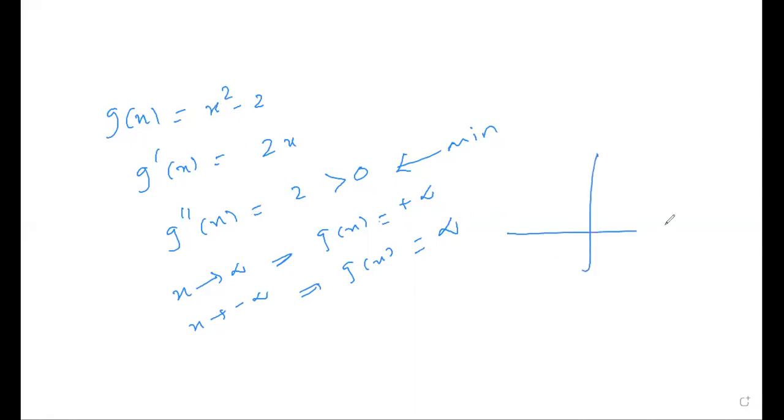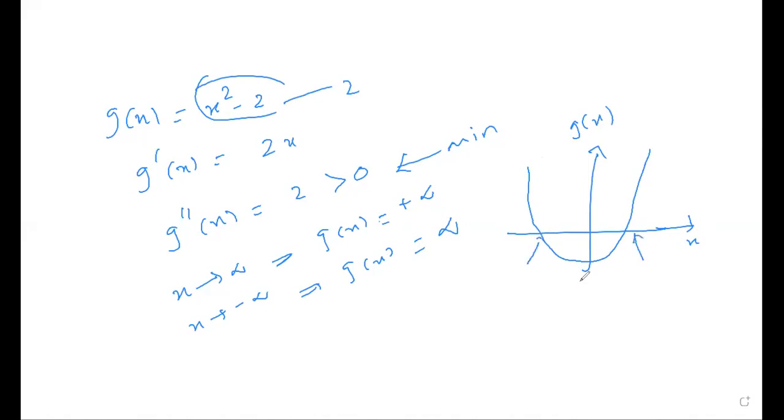So we have the pictorial view of something like this. This will be x, this will be g(x). Since this is a quadratic equation, I have two critical points here and here. To find those, we have to equate g(x) to 0.